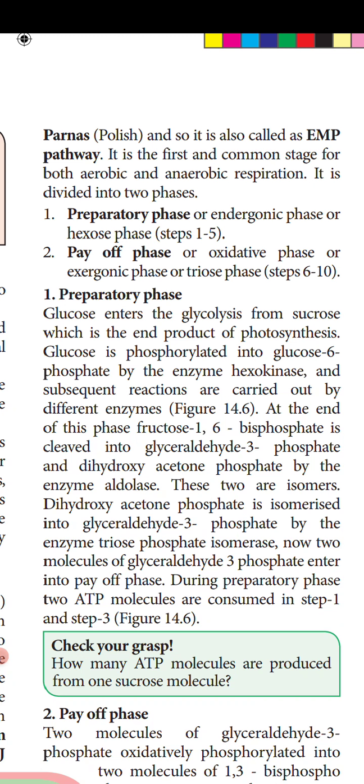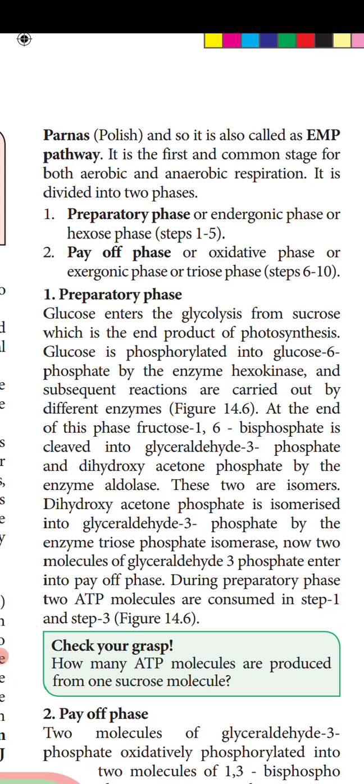At the end of the preparatory phase, it will form fructose 1,6-bisphosphate, and this fructose 1,6-bisphosphate will break into two 3-carbon compounds in the presence of the enzyme aldolase, forming glyceraldehyde 3-phosphate and dihydroxyacetone phosphate.